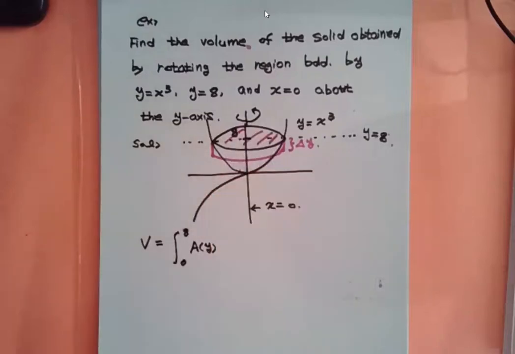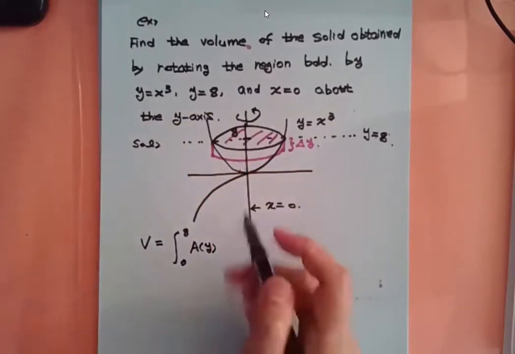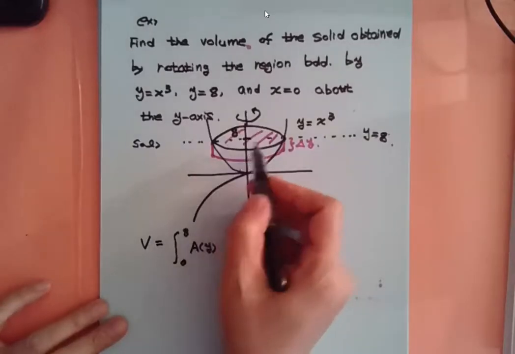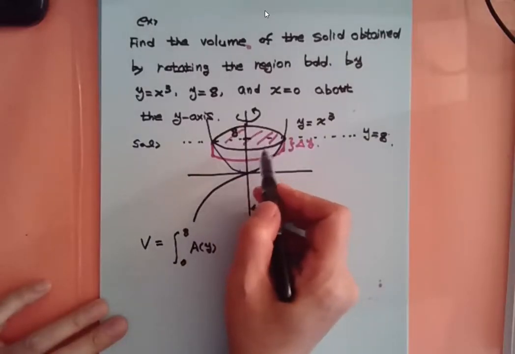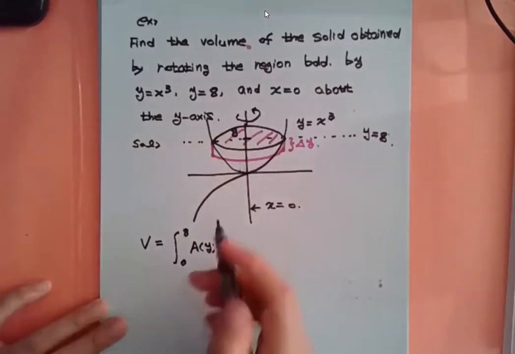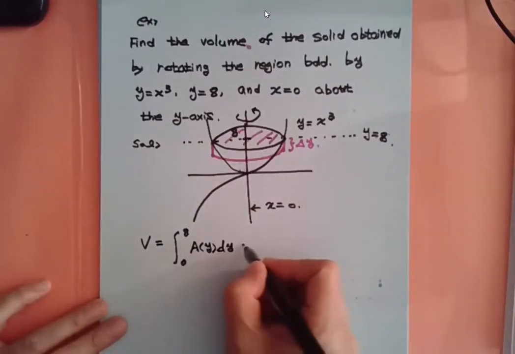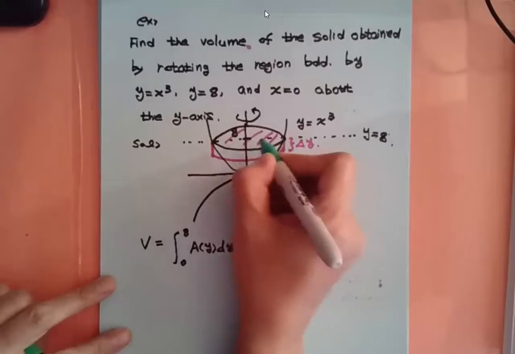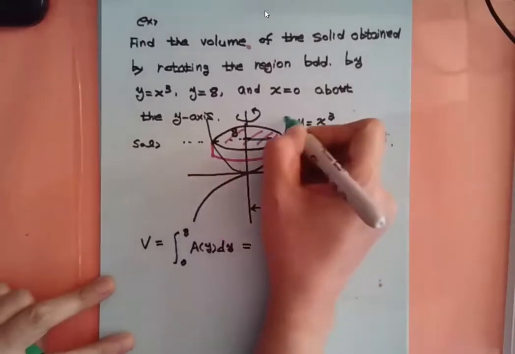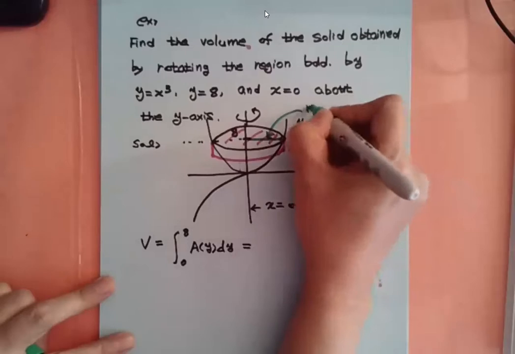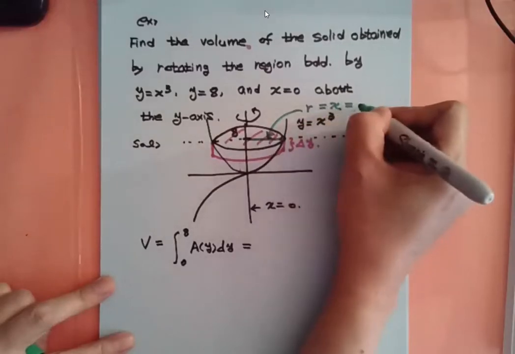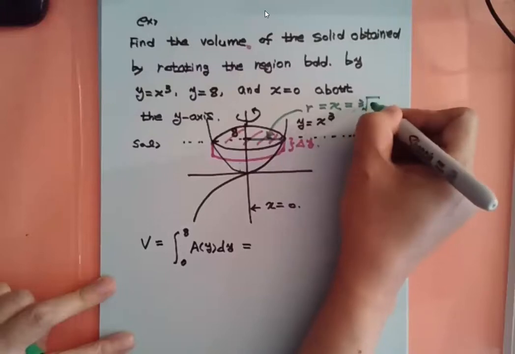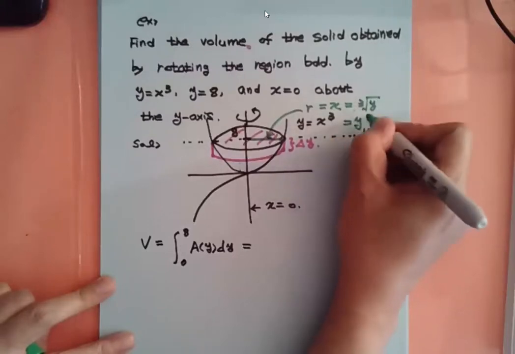this disk, and that is an area which depends on the y value. So A of y dy. When we think about the x value, the x value is actually the radius, r equals x. So x equals cube root of y, which is y to the 1/3 power.